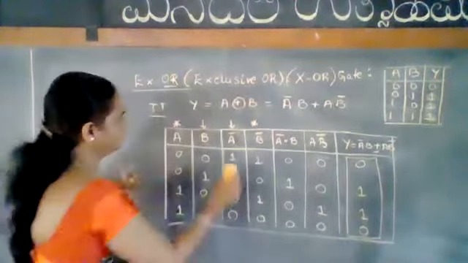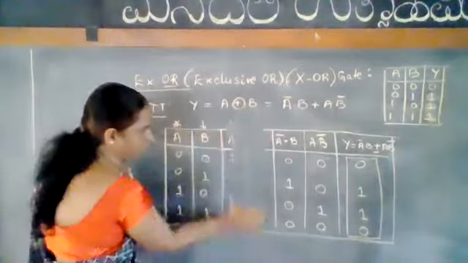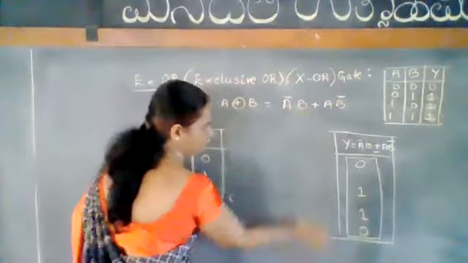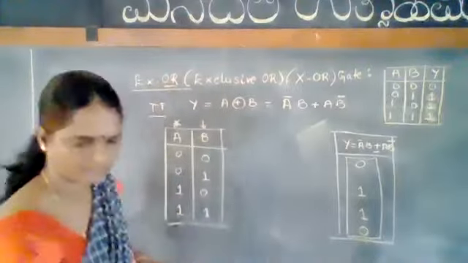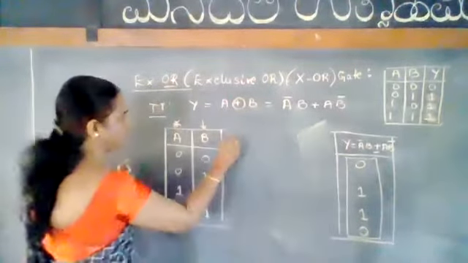No need to write these A complement B and AB complement terms. We can neglect those two terms and write the output like this.